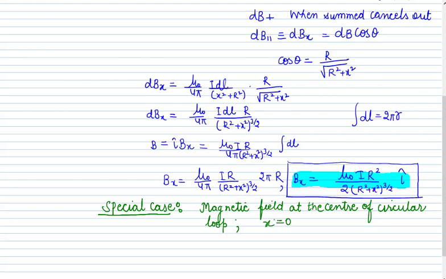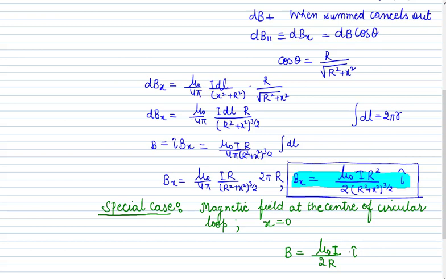So if the value of x is equal to 0, just put x equals to 0 in this formula. So this is only r squared to the power 3 by 2, so this power 2 cancels out. So we have here r cube, and here we are having r squared. So this r squared cancels out here. So we will have only 1 r here. So the formula will reduce to B is equal to mu naught I, r square is already cancelled, so this is 2r, and the direction is i cap.